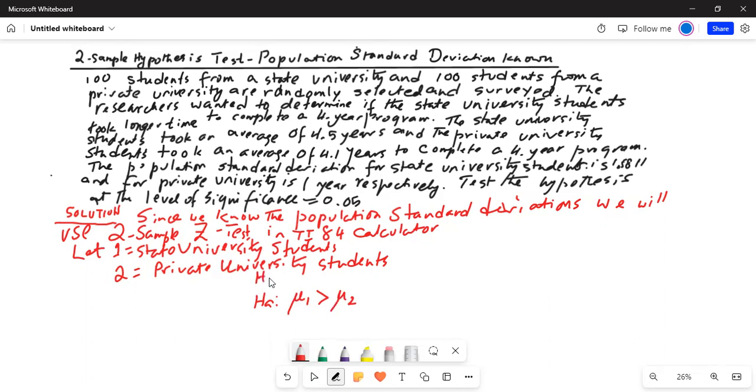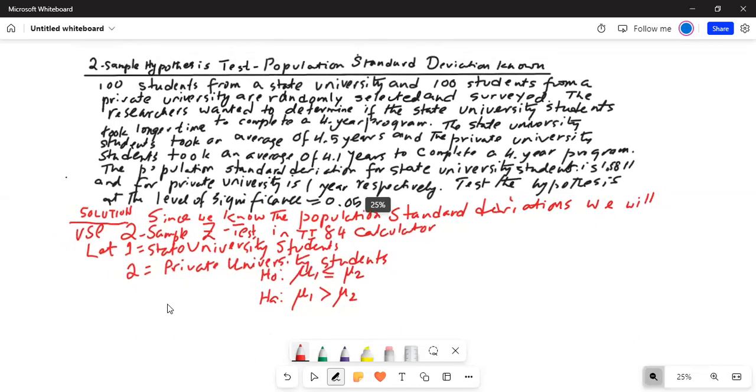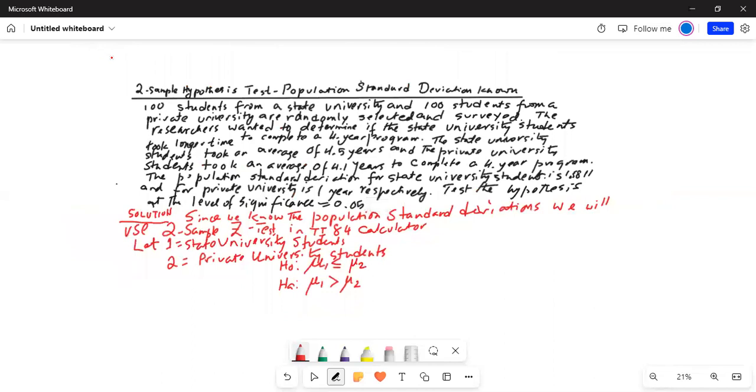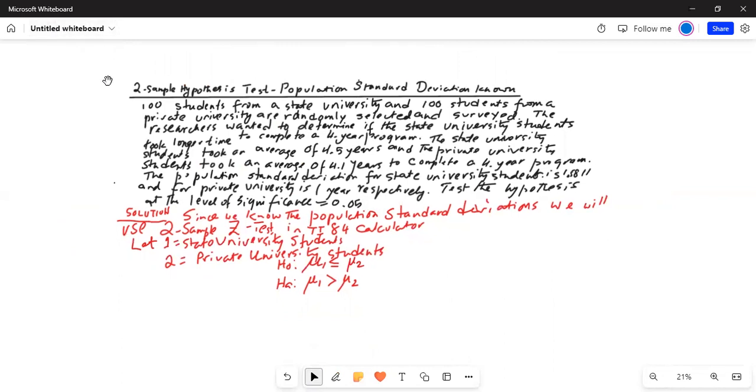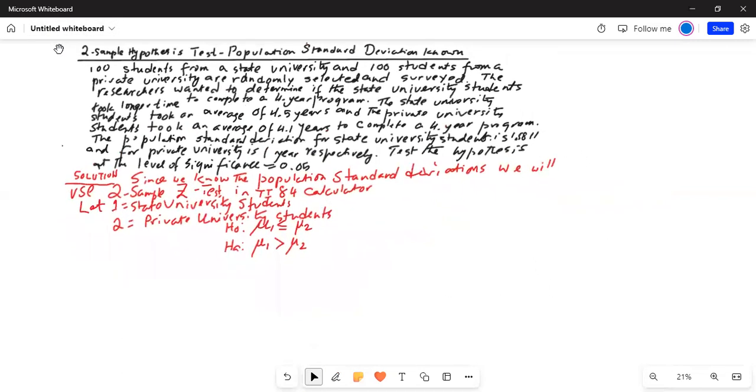And the null hypothesis is mu1 less than or equal to mu2. Okay. Remember, the null hypothesis always contains the equal to sign. So let me create some more space.